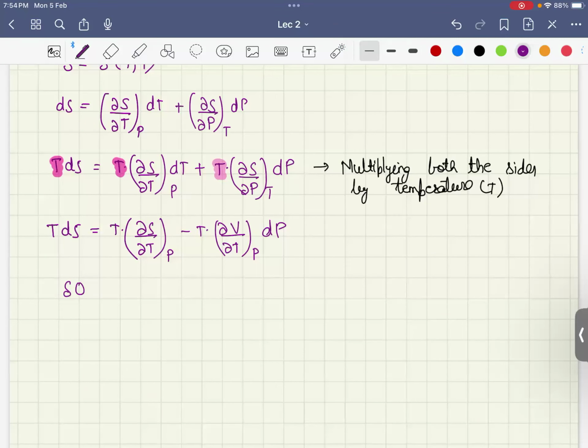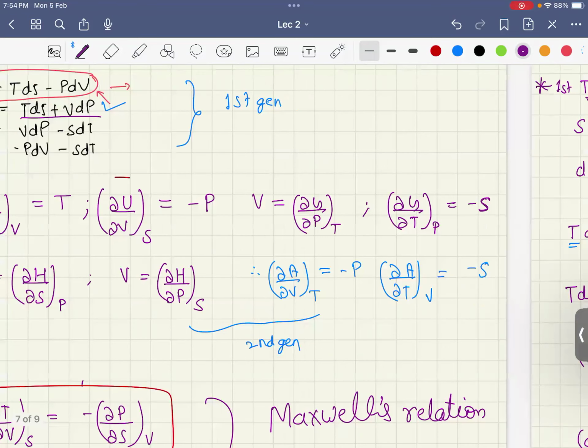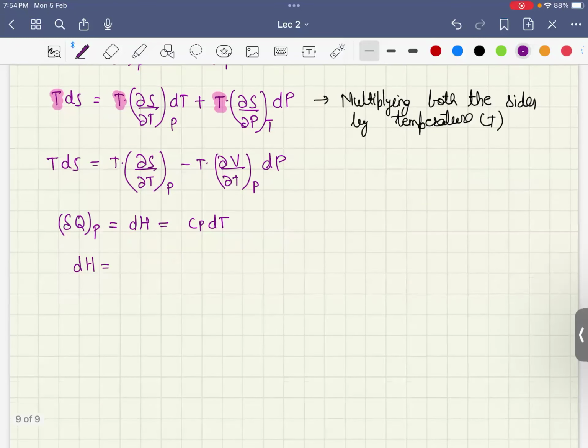We know that the heat exchange through this is nothing but equal to the change in enthalpy, which we know is nothing but Cp dT. And we also know that dH is equal to TdS plus VdP. So now let us make pressure constant.